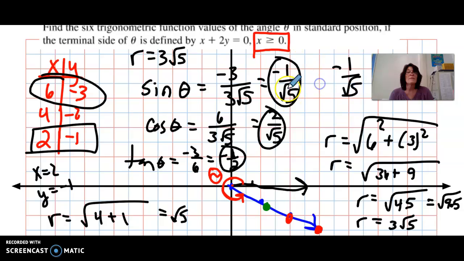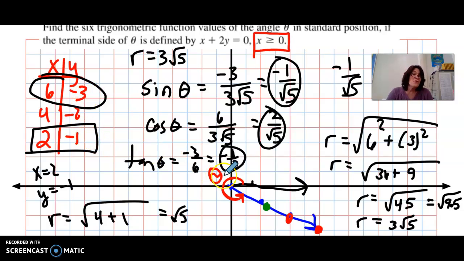Oh, that's what I got, but I had to end up simplifying. Their cosine would have been x over r, so 2 over the square root of 5. Oh, it's the same thing I got. Their tangent would have been y over x, negative 1 over 2. Oh, that's what I got. Okay, and do you see what I mean? That's why it doesn't matter what point you pick. The ratios are the same no matter where you are on the line.